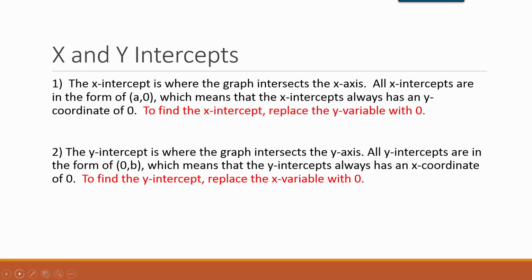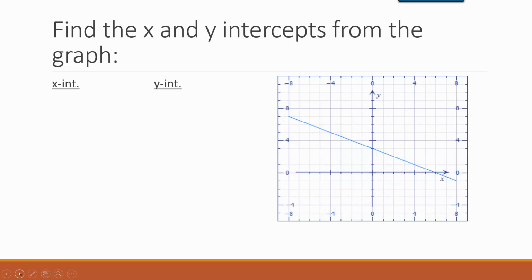So let's take a look at a couple of examples. Okay, this example says to find the X and Y-intercepts from the graph. Again, the X-intercept is where the graph crosses the X-axis. The Y-intercept is where the graph crosses the Y-axis.